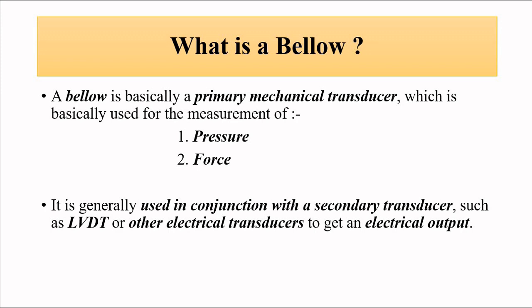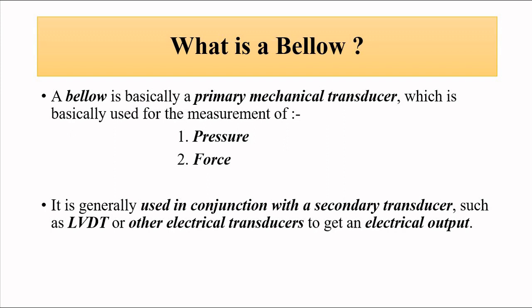Primary transducers are those which convert the parameter they are measuring, basically physical parameters or any other parameters, into mechanical movements, to and fro movements, circular movements, displacement, like that. So the output is mechanical in nature.